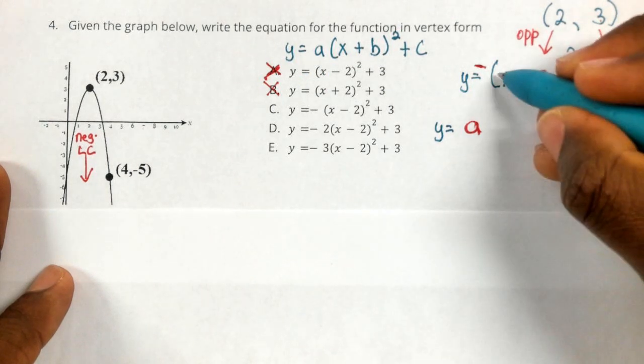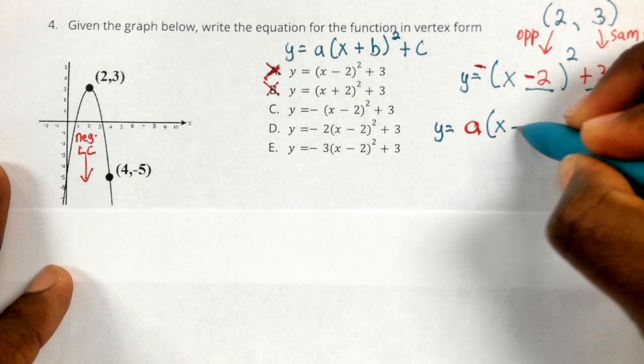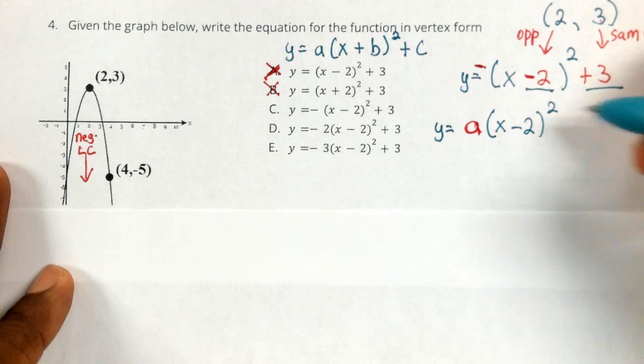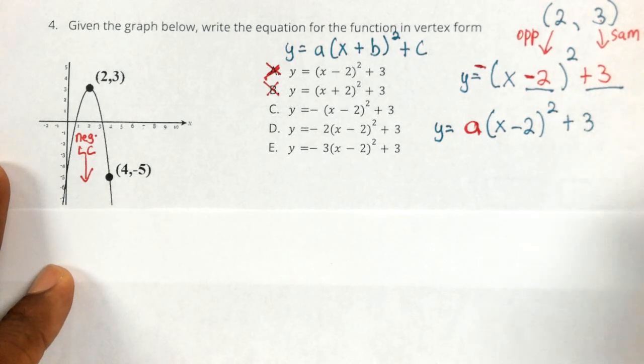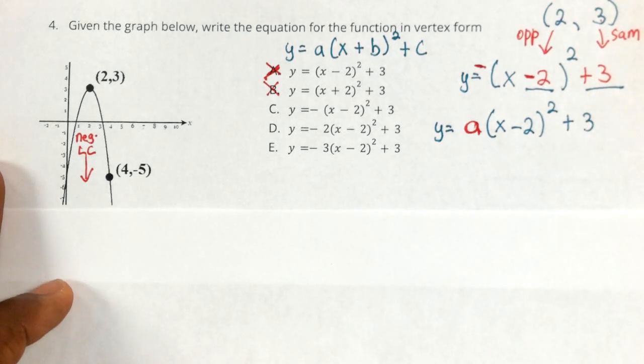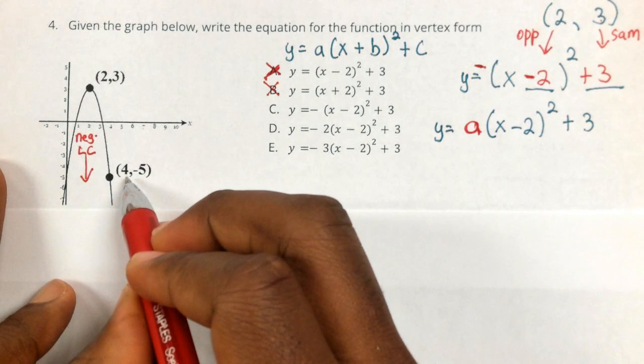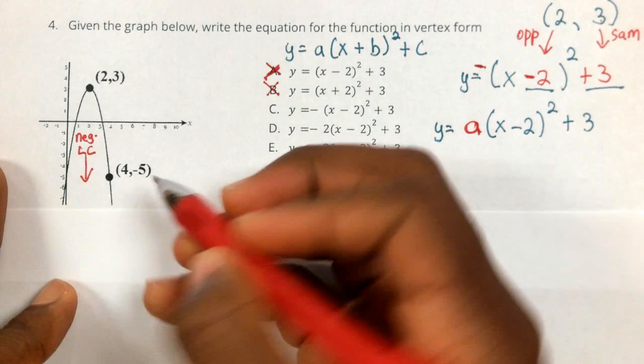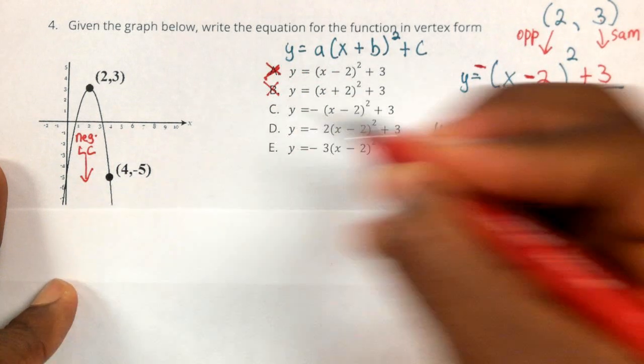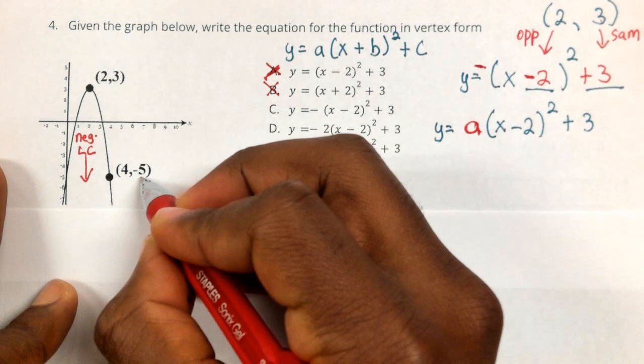Then I'm going to rewrite my parentheses, my x minus 2, squared, and the plus 3. At this point, with the given point 4, negative 5, I'm going to replace my x with 4 and my y with negative 5.